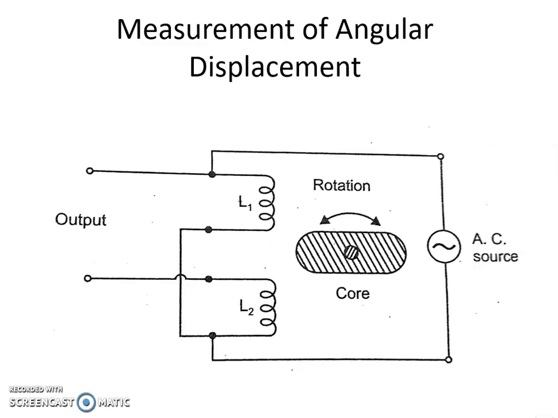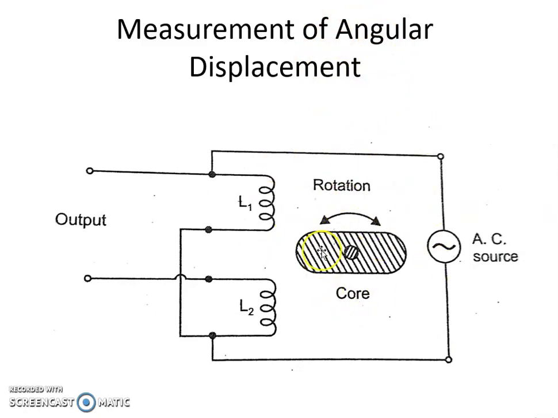Let us discuss the variable reluctance transducer for the measurement of angular displacement, because the remaining types of transducers we have already discussed in the first and second module.